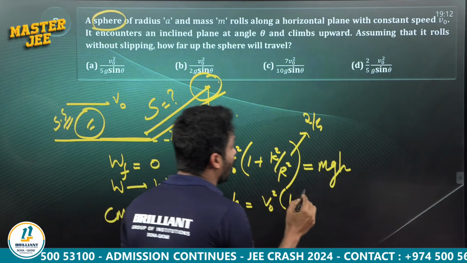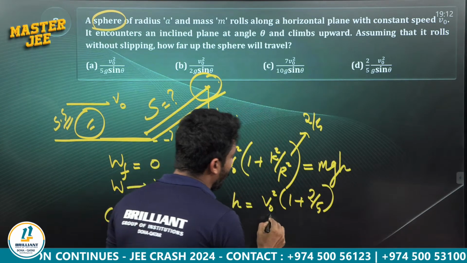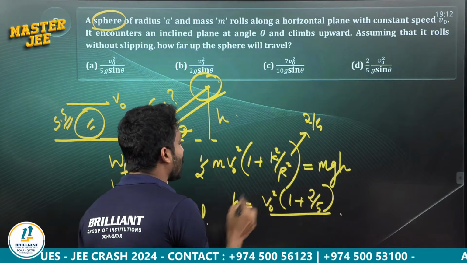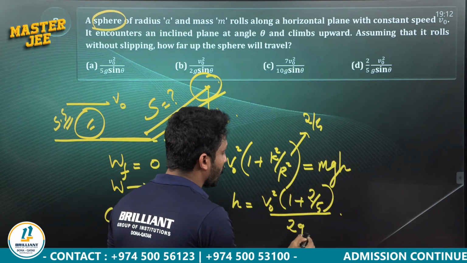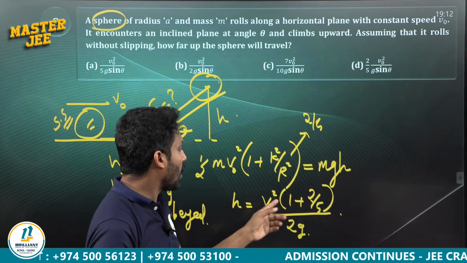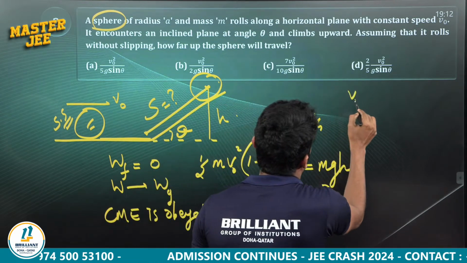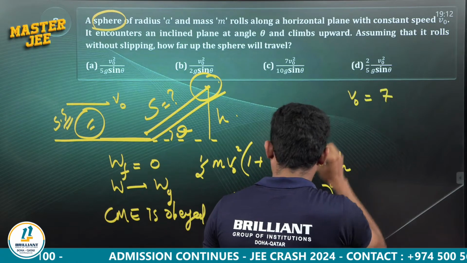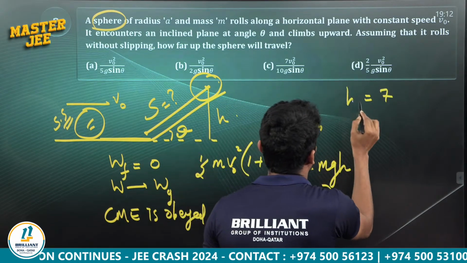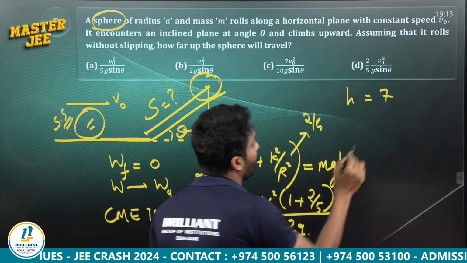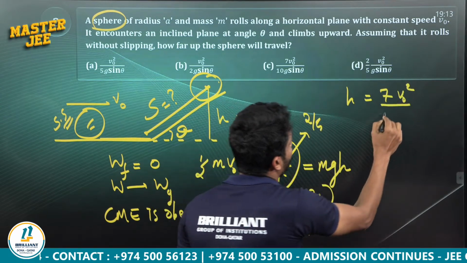Then its k square by r square is 2 by 5. Divided by 2g here, and 1 plus 2 by 5 is 7 by 5. So h is equal to 7 v0 square divided by 10g.